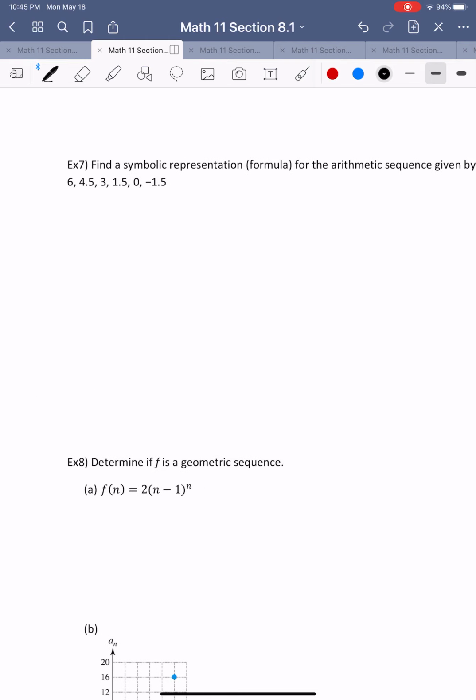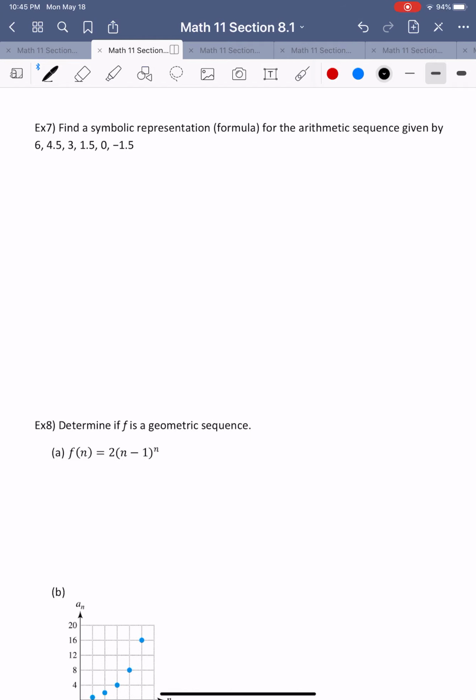Okay, so example 7. Find the symbolic representation formula for the arithmetic sequence given by this, okay? The sequence starts with the numbers 7, 6, 4.5, 3, 1.5, 0, and negative 1.5. But this is already an arithmetic sequence, so we need to have an a sub 1, which is 6, and also d.